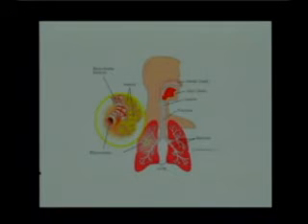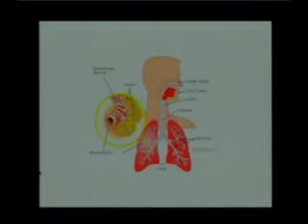This is just a little review, if you will, of some anatomy here. You can see the trachea, and then your main stem bronchi. And then we have the bronchioles. If we look at this little cutout section here, here's your little bronchiole.